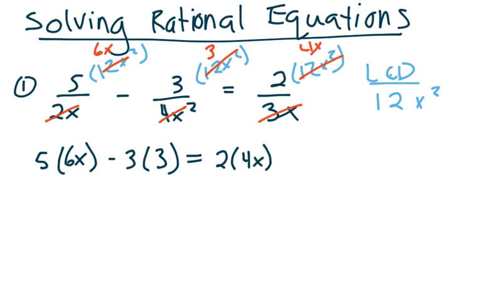Once we cancel out those fractions, it just looks like a normal equation that we've done before. There are no more denominators. You're just distributing, combining like terms, and solving. So 5 times 6x, we'd have 30x, minus 9 equals 8x.